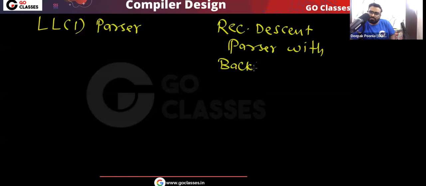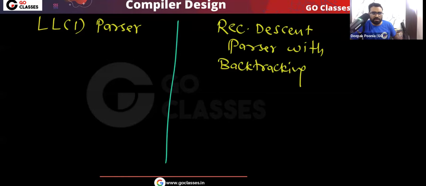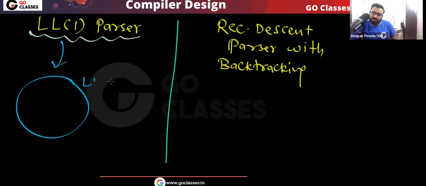Let me write it here. Let's see the difference, a small point, between the LL1 parser and the recursive descent parser. We have already seen when we were discussing the LL1 parser that it will parse LL1 grammars.